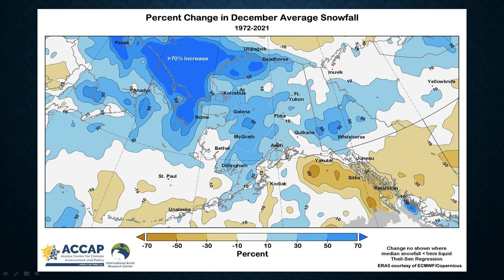If you go down to southeast Alaska, which is almost like a temperate rainforest climate, they're seeing a decrease in snowfall. So either they're getting less precipitation, or instead of getting snow, they're getting rain, which is not fun.